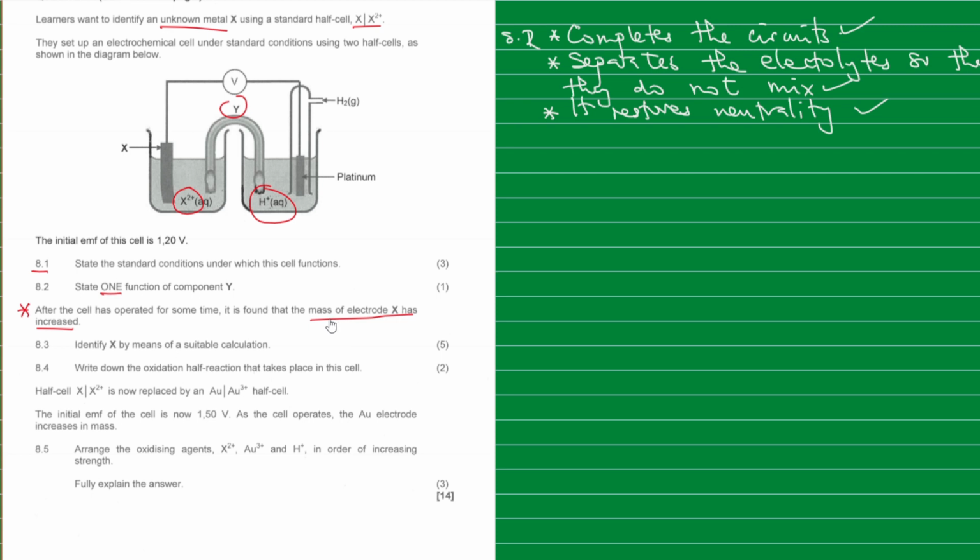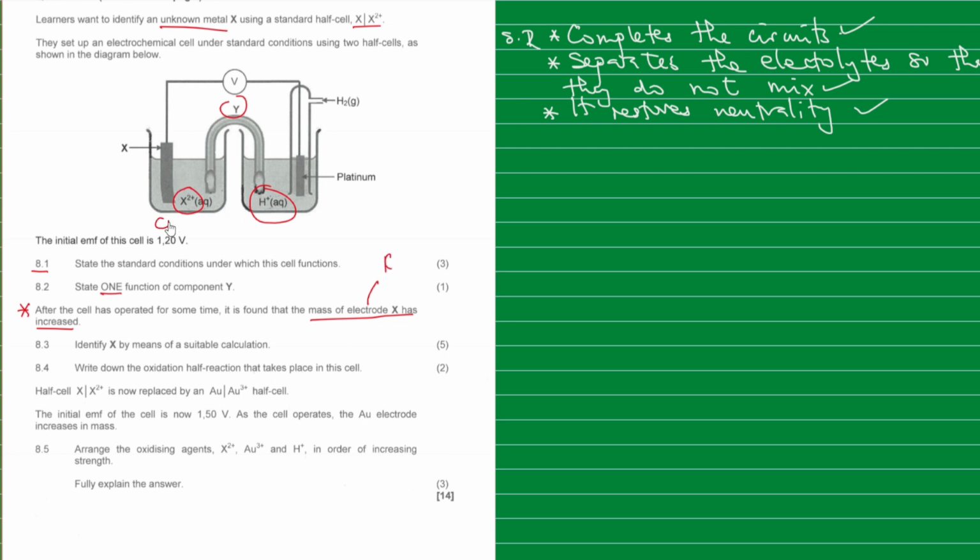In other words, the electrode will decrease in mass. And the cathode is where gaining of electrons is happening, so we expect the electrode to gain mass. So what they are telling us about electrode X is that electrode X is the cathode.